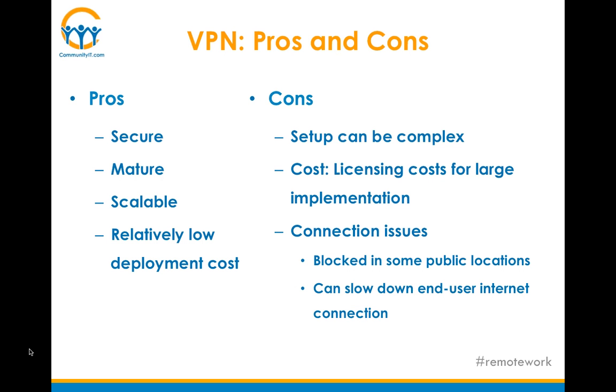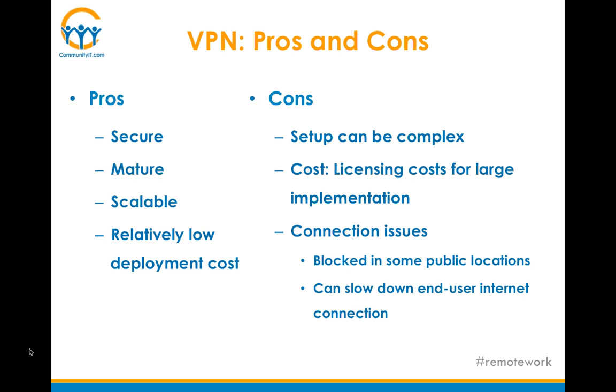All right, so some of the pros for a VPN: it's a secure technology. Again, it uses encryption. It's been around for a while, so I would say it's very mature. It's scalable.